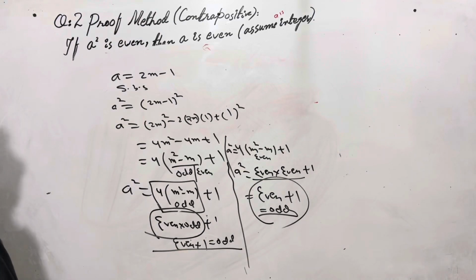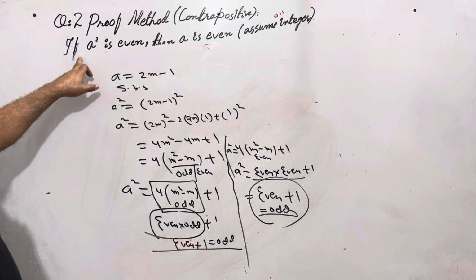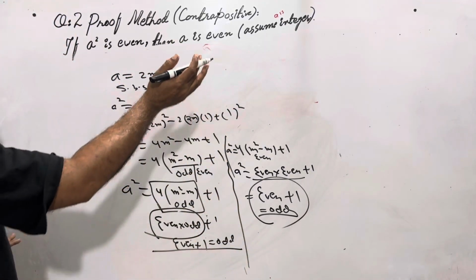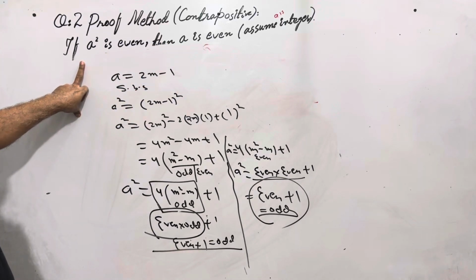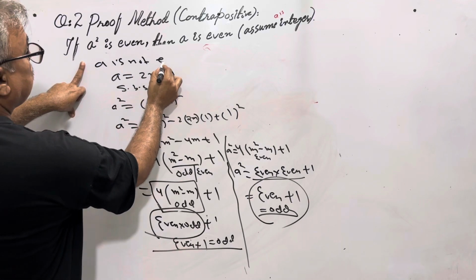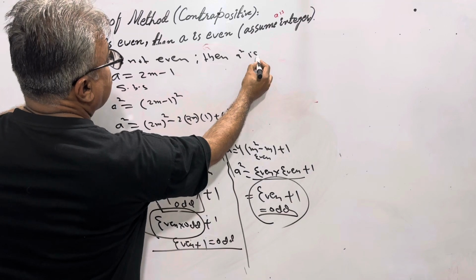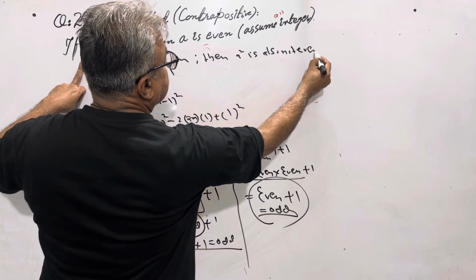So we have proved the contrapositive. The statement is: if a square is even, then a is even. Its contrapositive means: if a is not even, then a square is also not even.